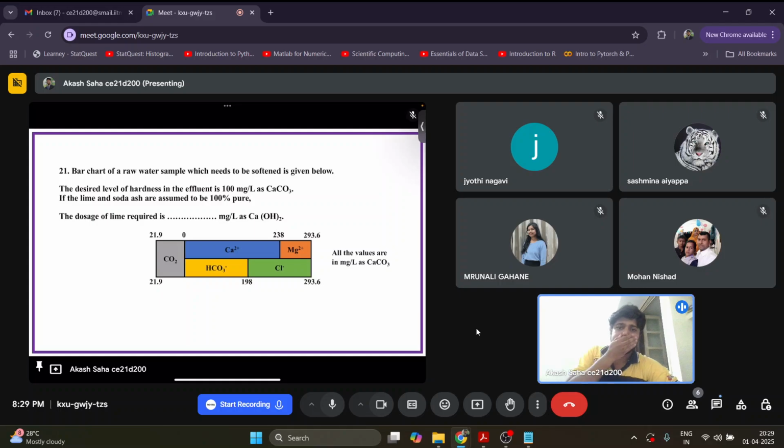Seeing this graph, quickly tell me what is the total hardness. Everything here is in terms of milligram per liter as CaCO3. It is written here: all the values are in milligram per liter as CaCO3. So you don't have to change or convert anything.